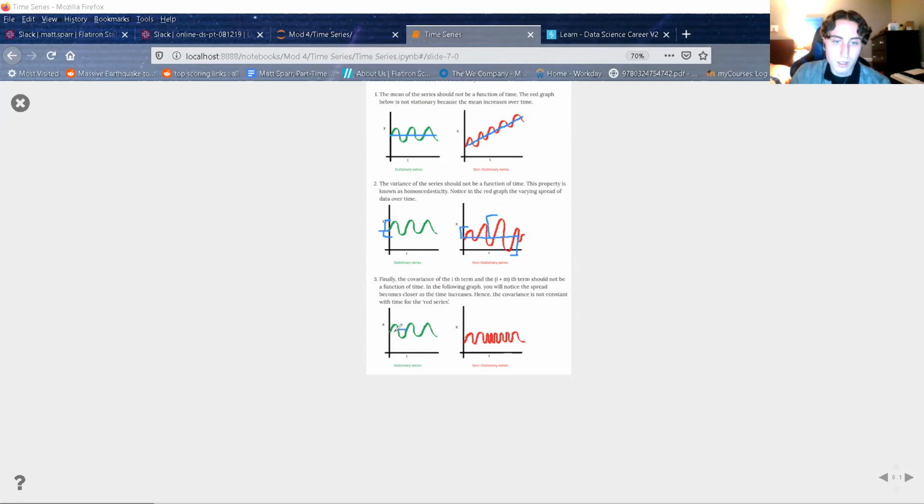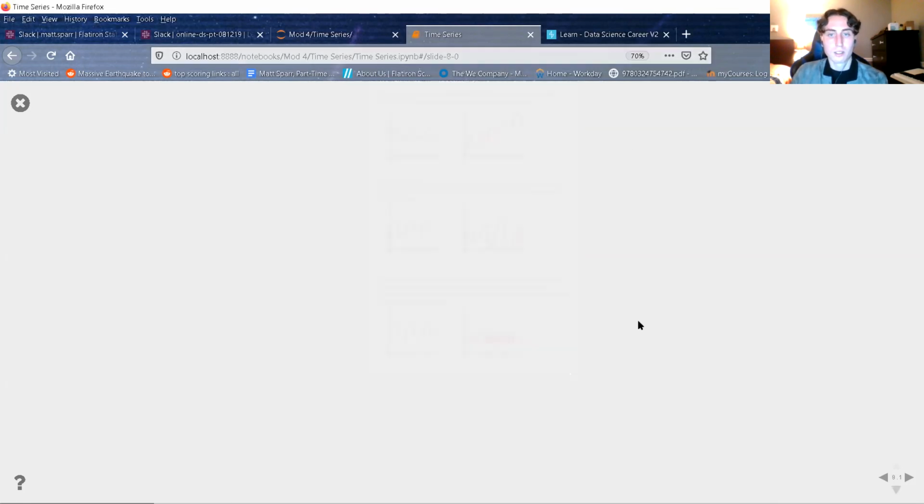We have consistent spacing. And then on this one, it gets shorter, closer together, and then spaces back out again. So this one fails because of the covariance measure.